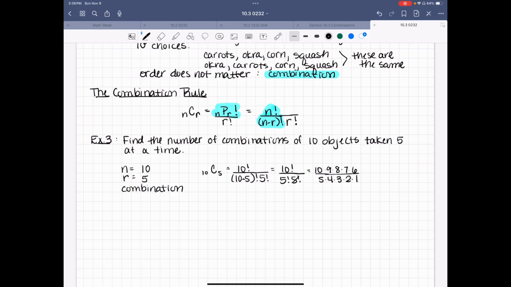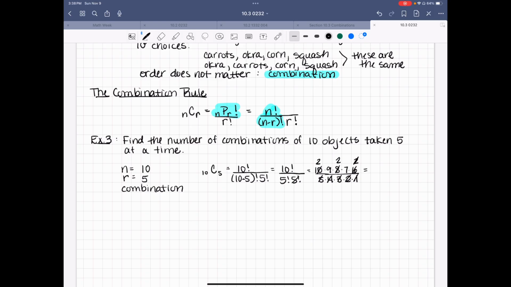Guys, I'm just going to show you how I kind of do this in my head. I know that 5 goes into 10 2 times, so that 10 turns into a 2. 4 goes into 8 2 times, so that 8 turns into a 2. 3 goes into 6 2 times, okay, and then actually this 2 will go into 2. And of course, 1, he's just 1.